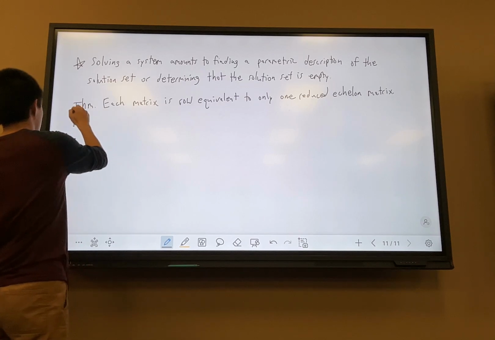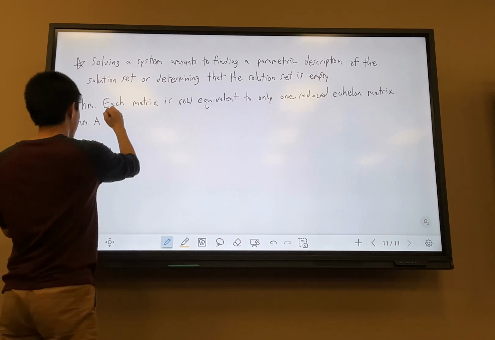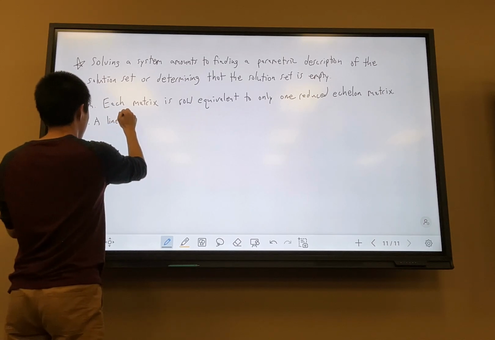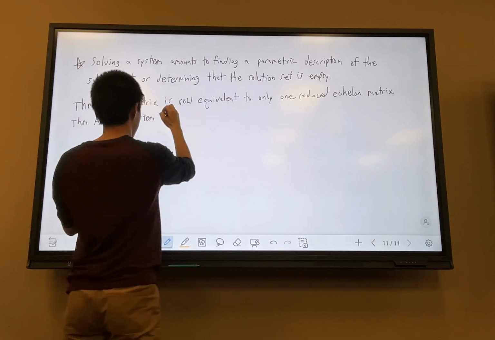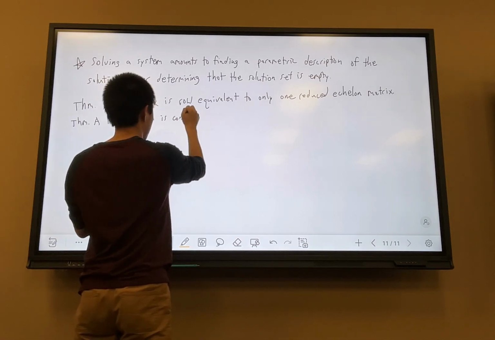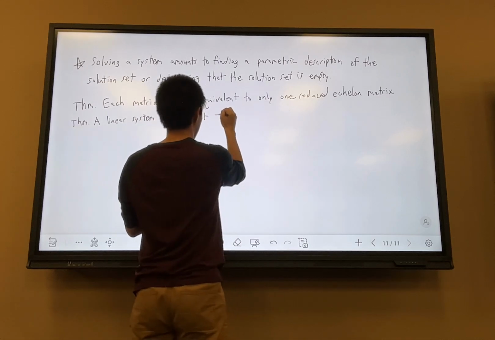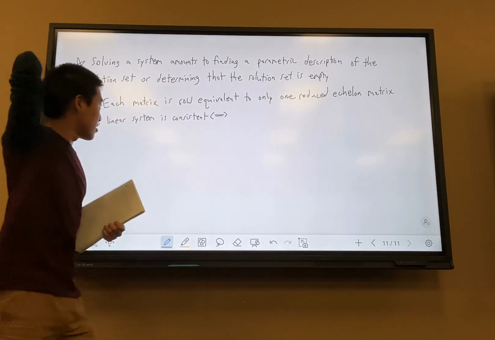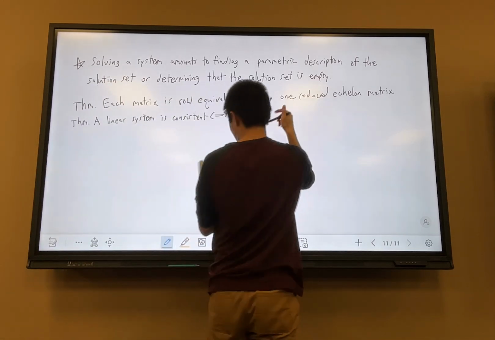We talked a little bit about this on the other one, but now I'll state it as a theorem here. A linear system is consistent if and only if, again, so this is the logically equivalent statement. So if I state that a linear system is consistent, this is going to immediately imply the other thing.